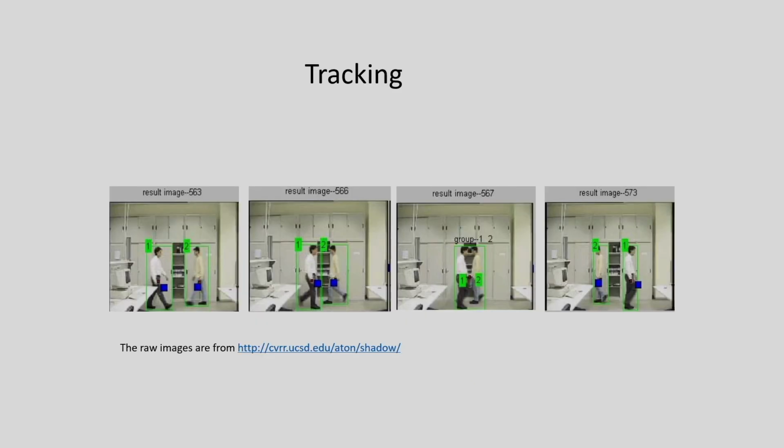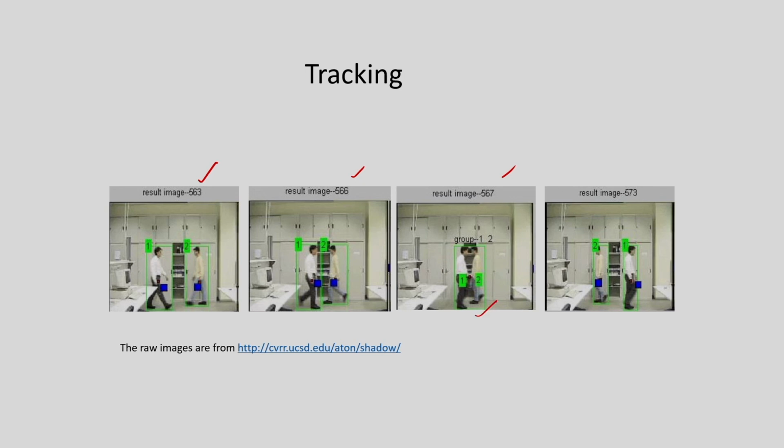And the tracking, already I have explained, it is nothing but finding the correspondence between the frames of a video. In this case I have shown some of the frames of a video. Here you can see 563, that is the frame number, 566, 567, like this, these are the frames. You can see person 1 is moving and person 2 is also moving, and there may be occlusion.